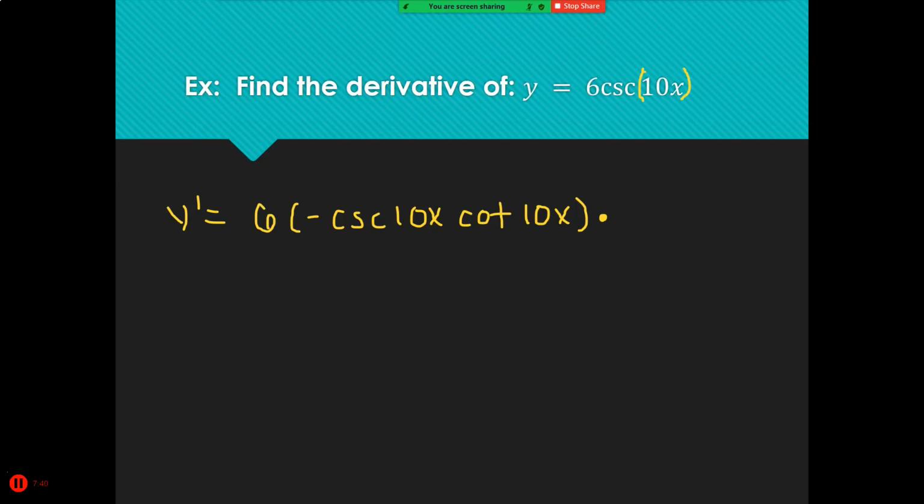Times what? Perfect. Exactly. So it's negative 60 cosecant 10x cotangent 10x.